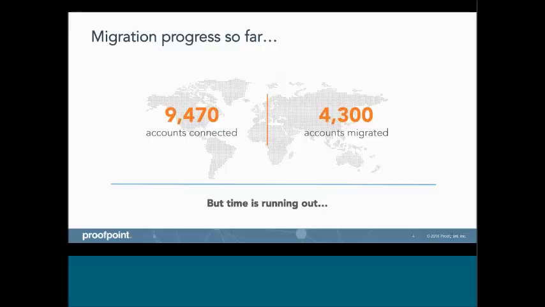So we see all of those connections, and that way we can see that of the, and I'll just round up, 10,000 accounts that have been connected, about half have been migrated so far. So there's quite a lot of outstanding activity, and my guess is there's a lot of accounts that have yet to be connected, so that number might be low as well.